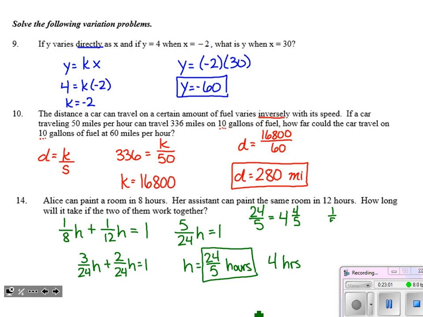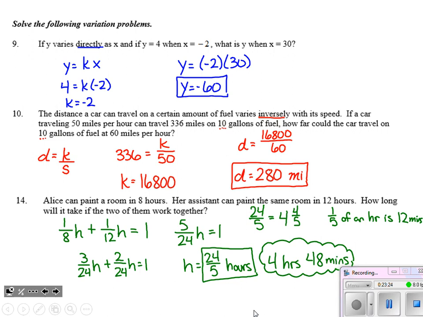And 1/5 of 1 hour is 12 minutes. So if I have 4/5, that would be 4 sets of 12 minutes. That's 48 minutes. So if you have an answer that says 4 hours, 48 minutes, you're more specific than just that general fraction. You can expect a point of extra credit coming your way because you've gone above and beyond.